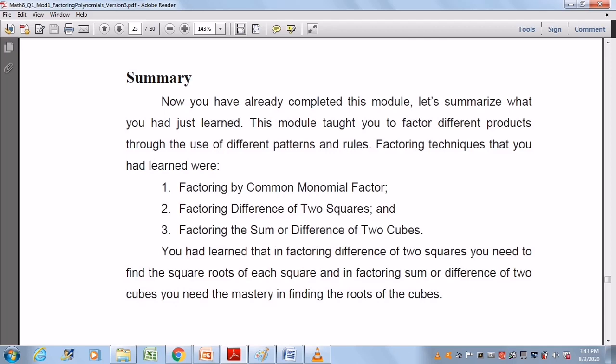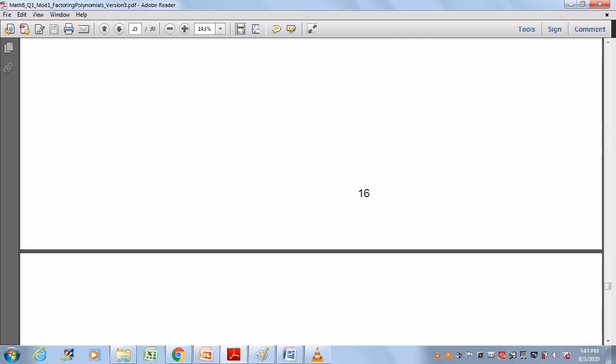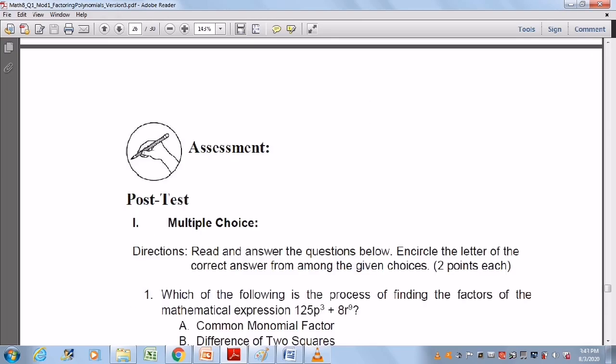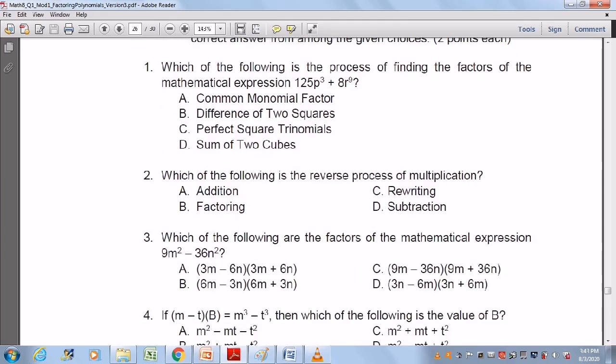You had learned that in factoring difference of two squares, you need to find the square roots of each square, and in factoring sum or difference of two cubes, you need to master in finding the roots of the cubes. Yon. So it is important talaga to know or to identify correctly the special products involved para ma-apply yung correct patterns and formulas.